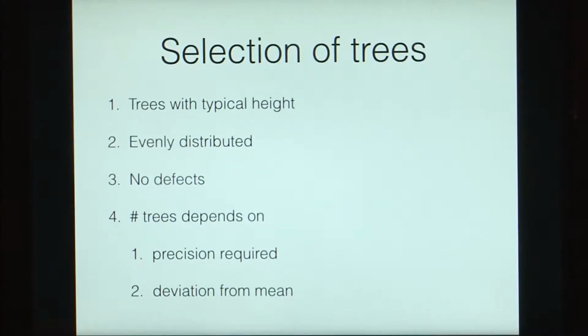These trees should not have any sort of defect. For instance, if you selected trees that were infested by insects, or diseased trees, or trees that had a huge amount of forking, these are not representative of the trees in a forest stand. In the case of a volume table, remember that we are trying to get the averaged out values, and averages are very much affected by the outliers.